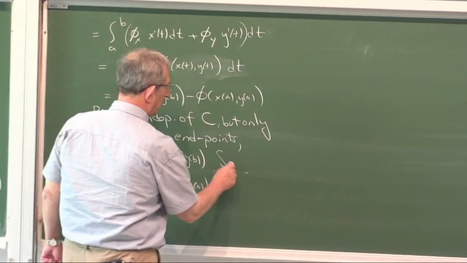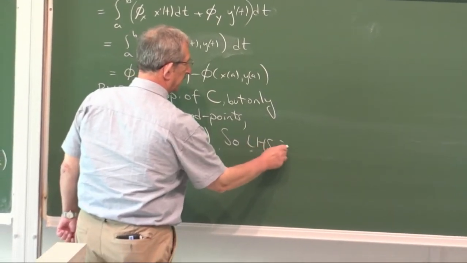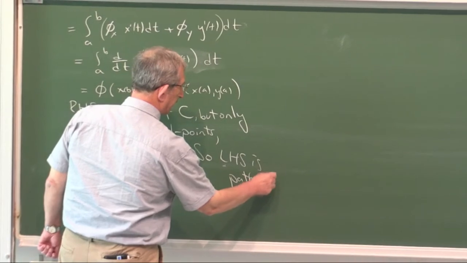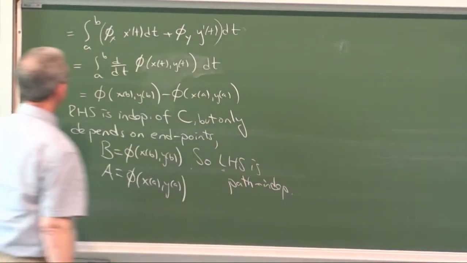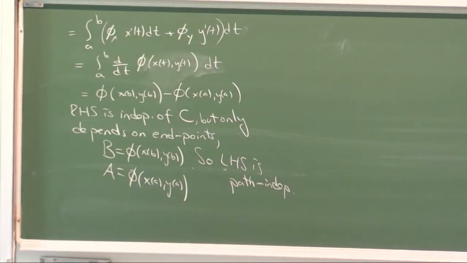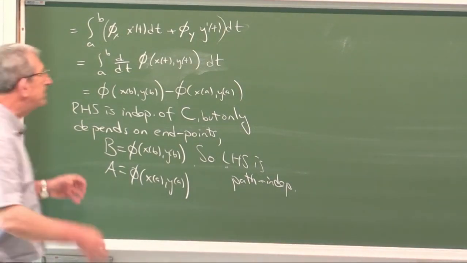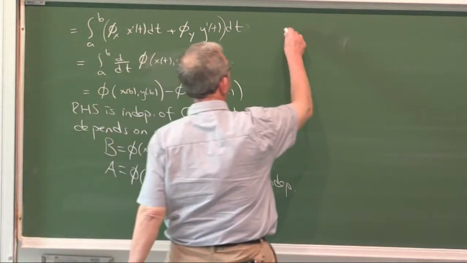So the left-hand side is path independent. So C implies A. So we get path independence from exactness.